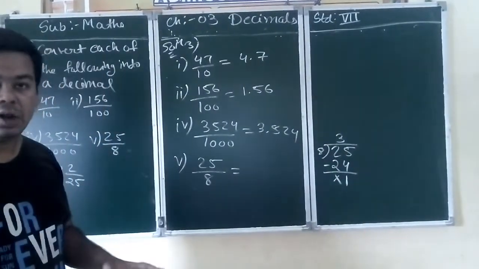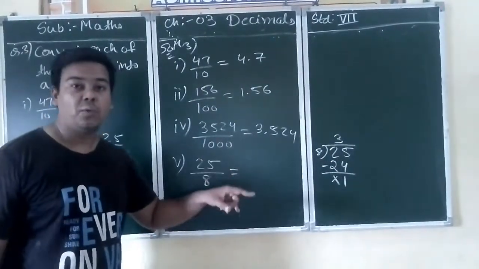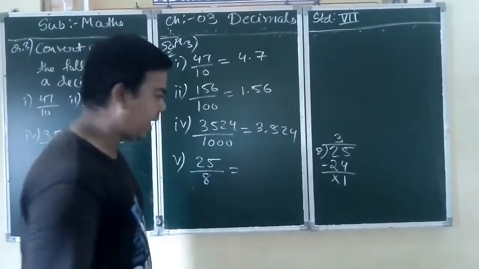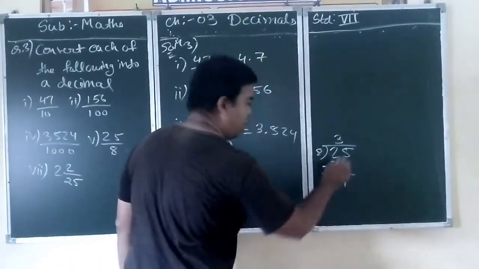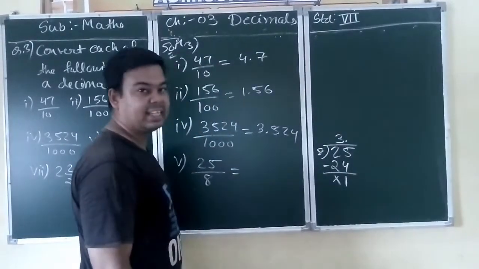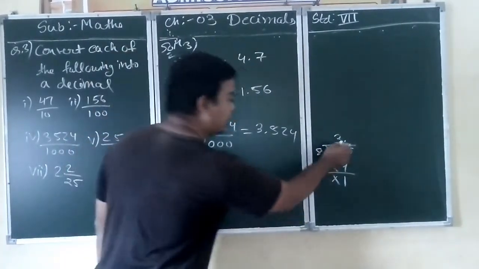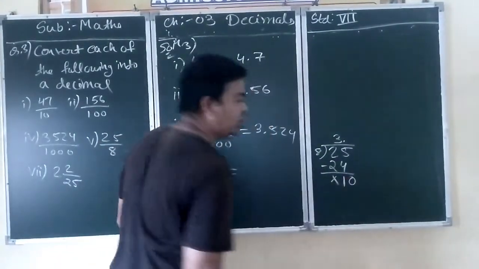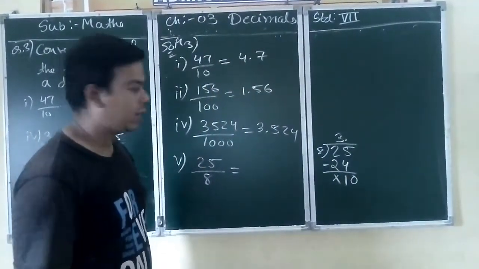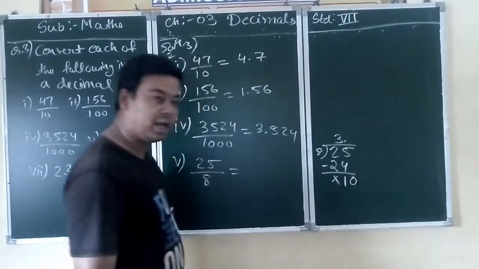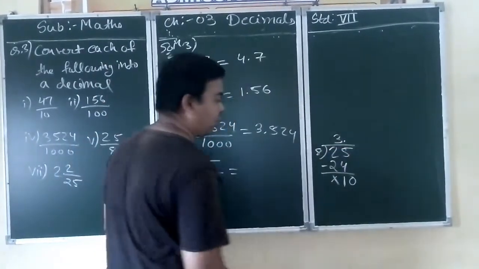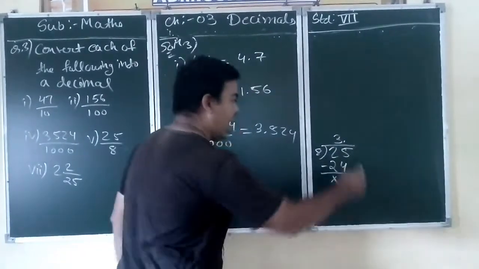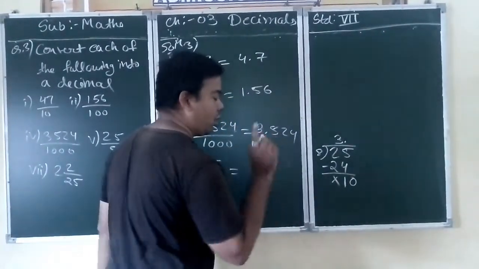Can we divide further? No. Till we divide, the remainder zero should not come. So we put a decimal point here and call down a 0, because no number is there.